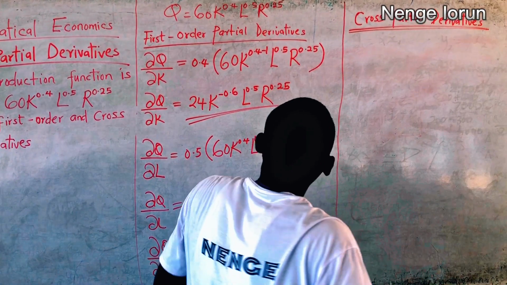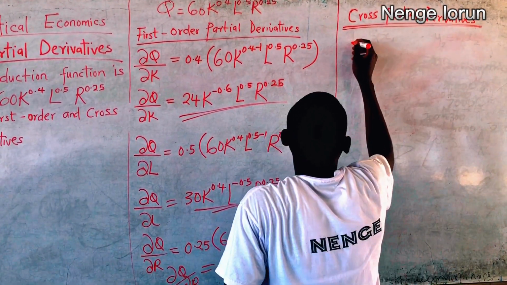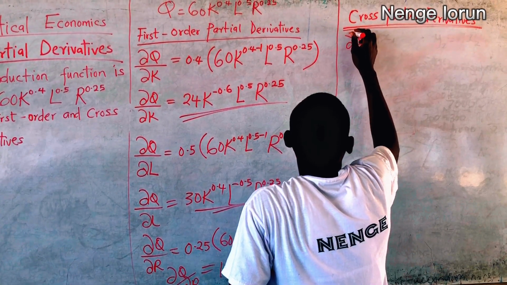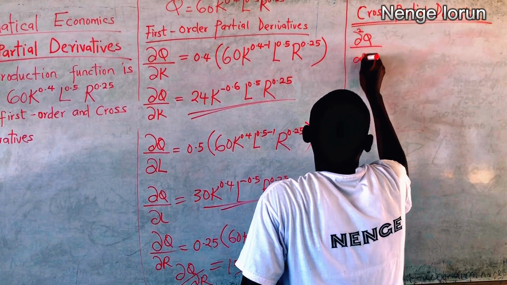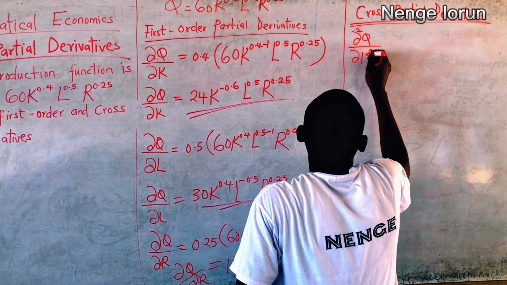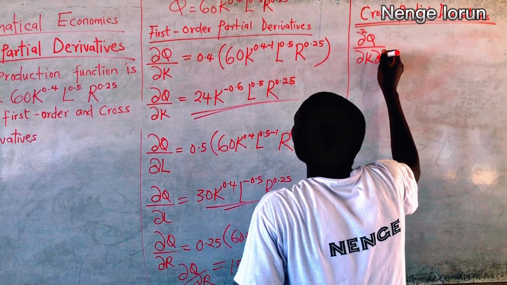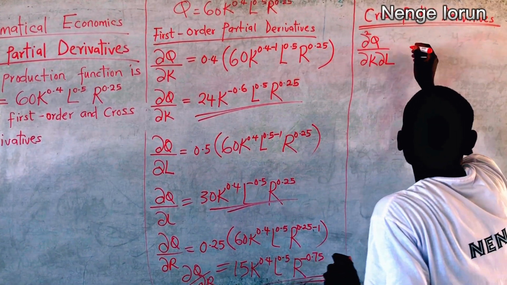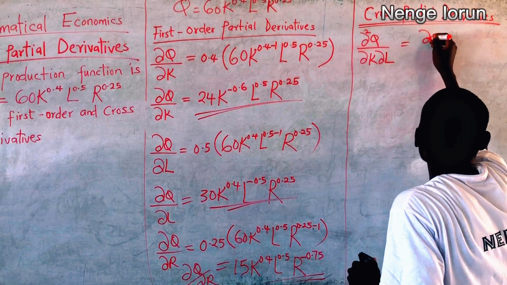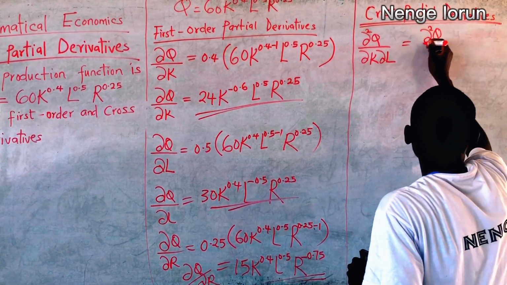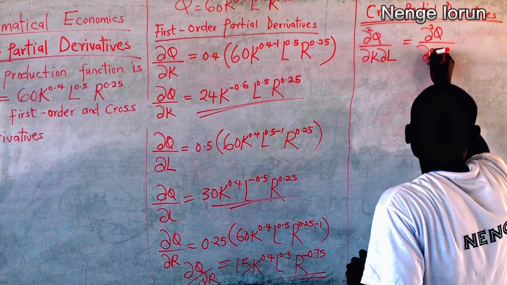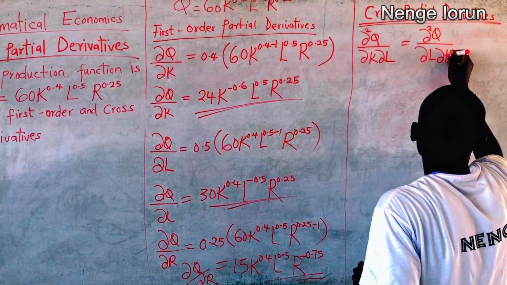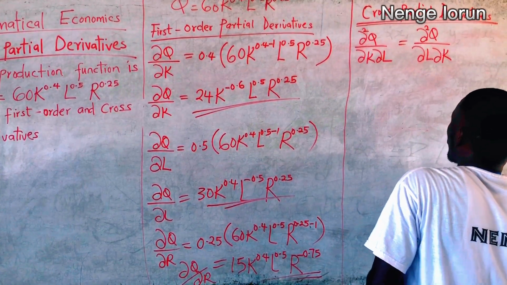So now the cross partial derivative of Q with respect to K and L must be equal to the cross partial derivative of Q with respect to L and K. They must be equal.